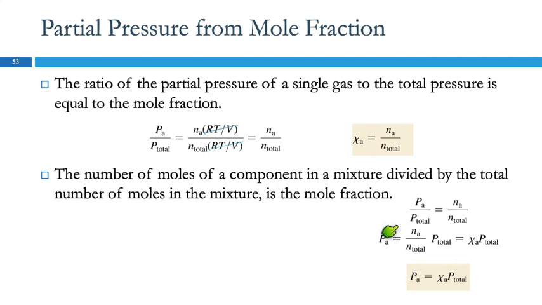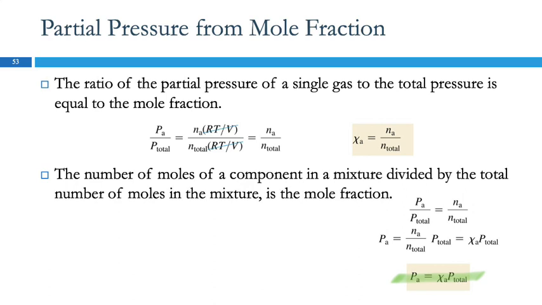So then they do some more math, and we come up with this at the end. The partial pressure of one of the gases in the mixture is equal to the mole fraction of that gas times the total pressure. So if we have a 50-50 mixture of gases, then the mole fraction of the gas is 0.5.